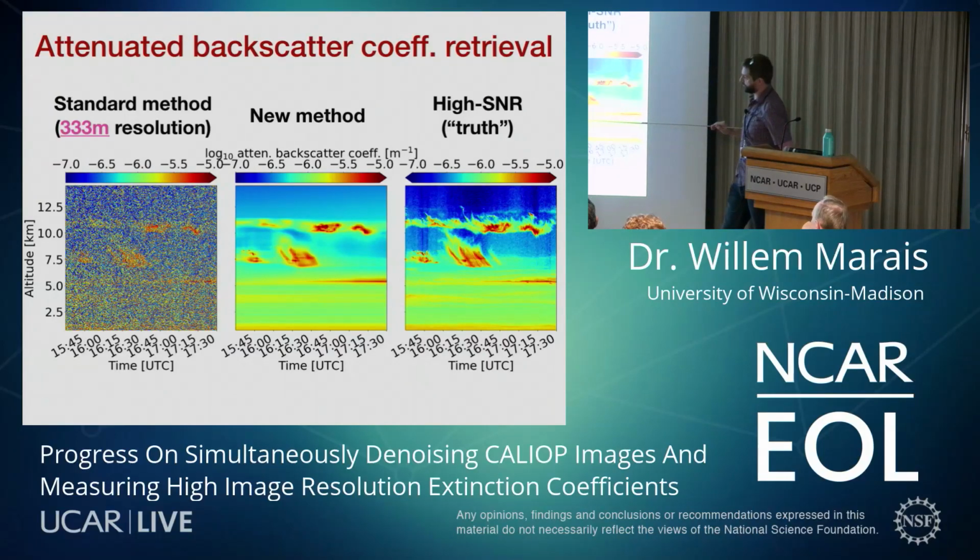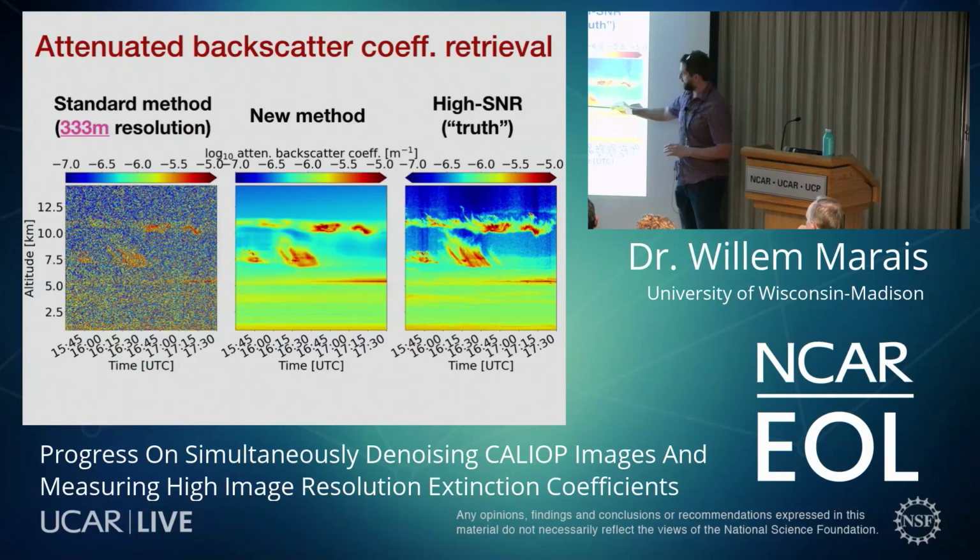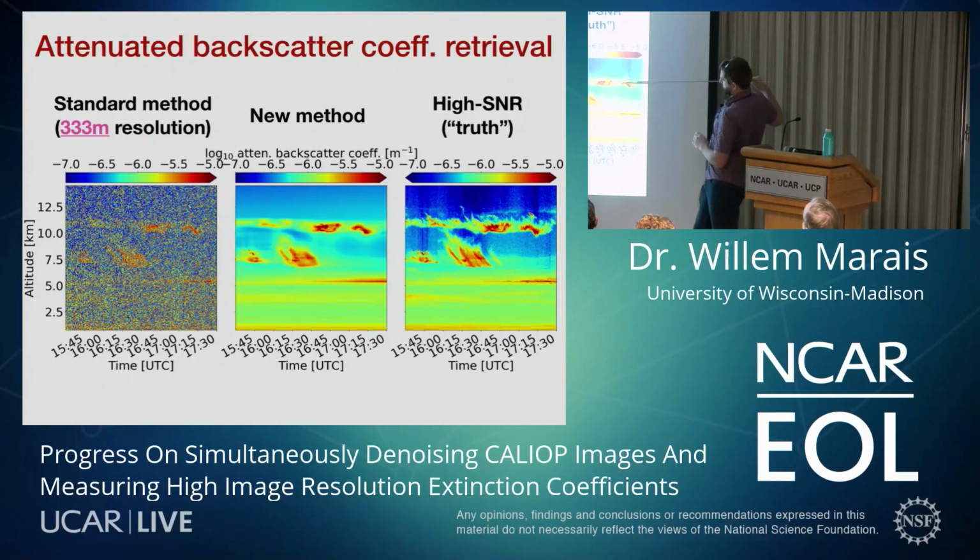And this is the truth, in quotes, which is actually the highest SNR attenuated backscatter coefficient. So we were able to retrieve the aerosol layer and the cirrus clouds, though there are a couple of things we didn't retrieve. For example, this little blip of a cirrus cloud we didn't fully retrieve. So there are still improvements that we can make, but so far so good.